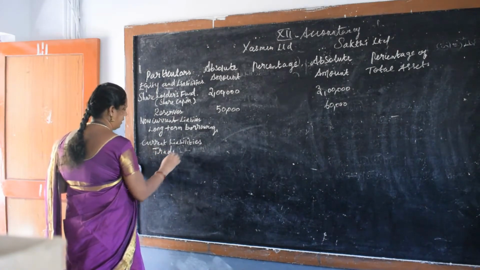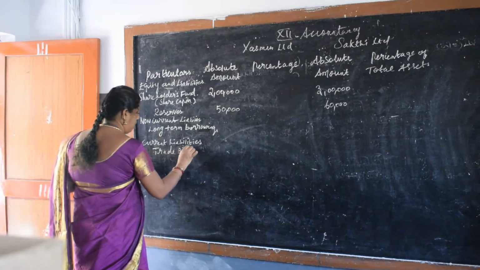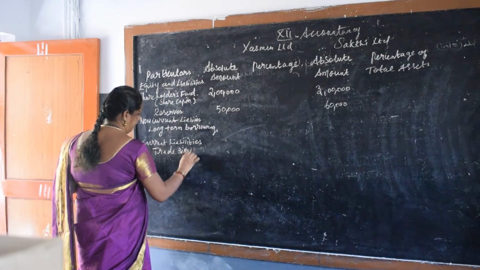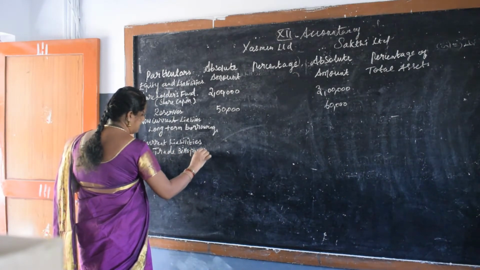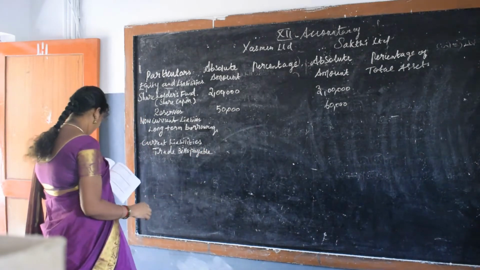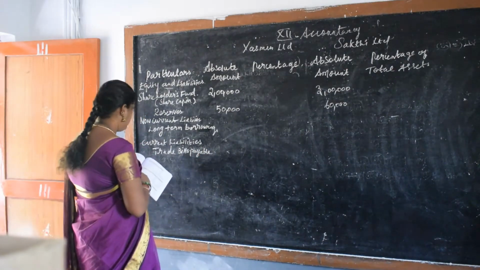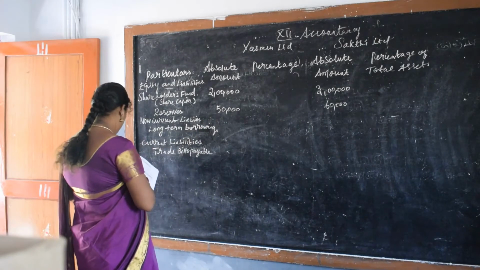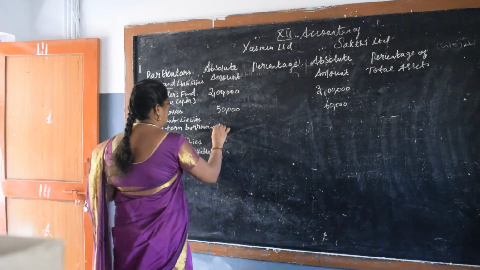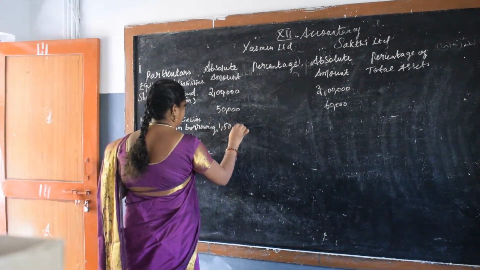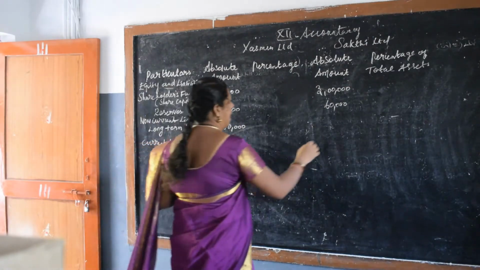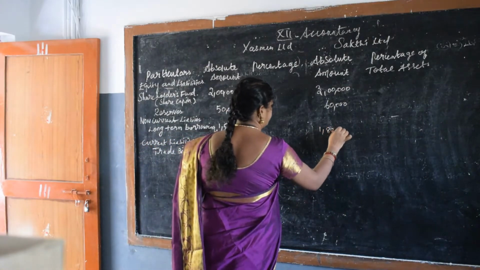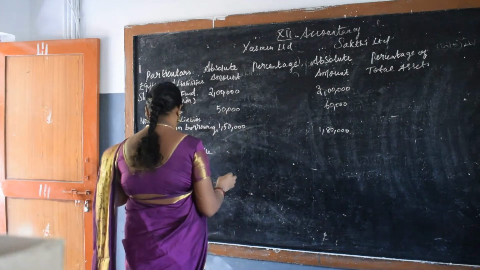It is also called bills payable. It is a liability for the business. Reserves and surplus have been written. Under the long-term borrowings, 1,50,000 and 1,80,000. Just to fill it in, that's it.